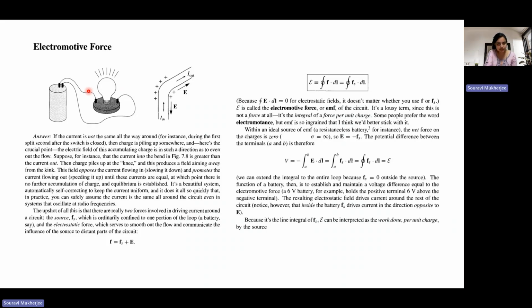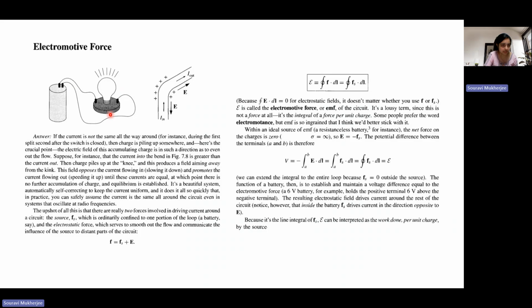Why it is so fast is a question, but first let's look at the transient phase where things have not equilibrated yet. Imagine a condition where current is flowing, and there are maybe more charges flowing here than here at a certain instant.